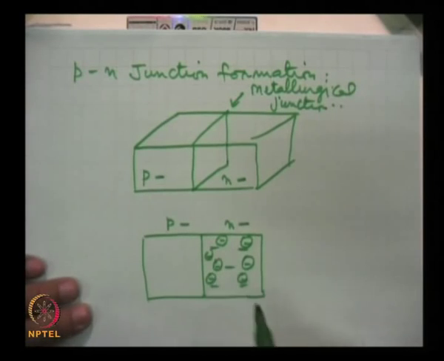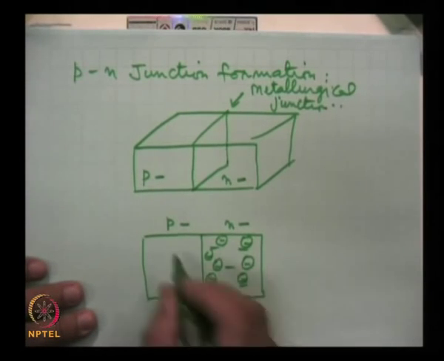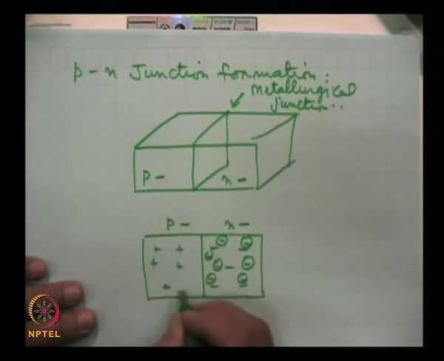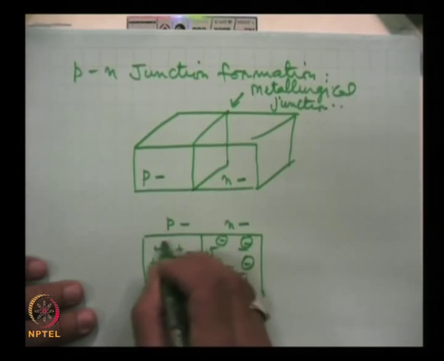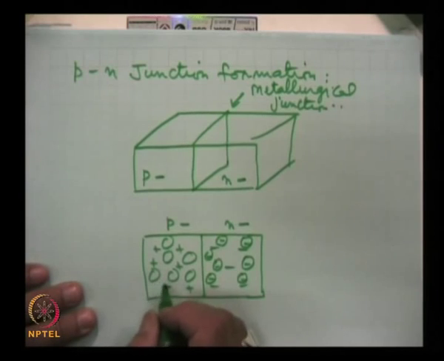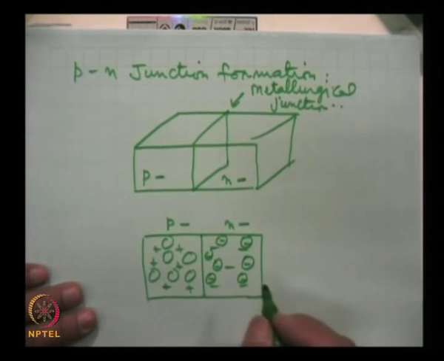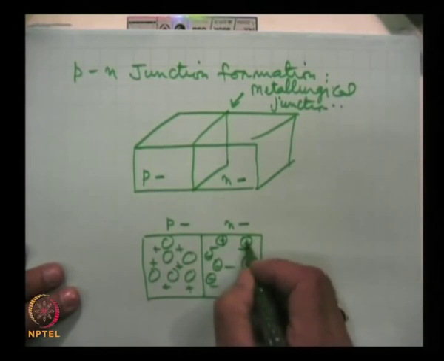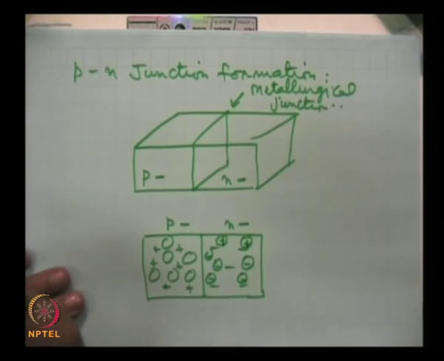the lattice. And similarly, here there are holes and there are positive ions. I am sorry, this will be the positive ions because the donor has donated one electron.